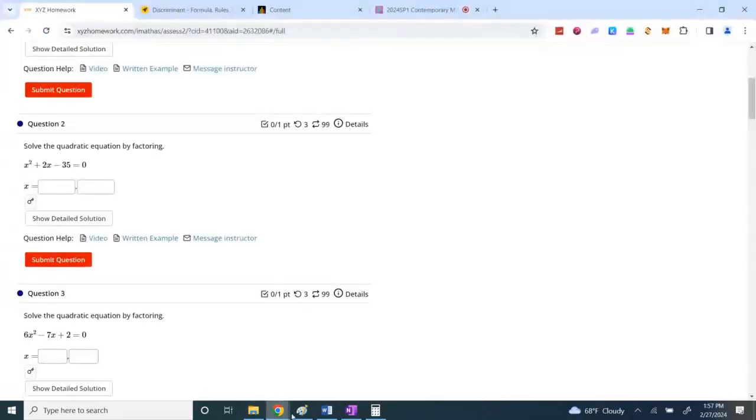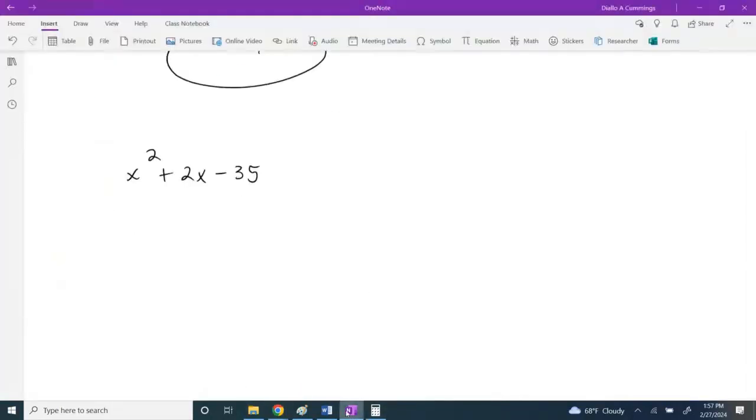And this is problem number 2, and we're going to solve it by factoring. Okay. Now, and it's equal to 0.